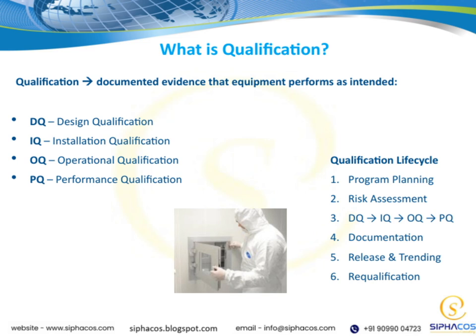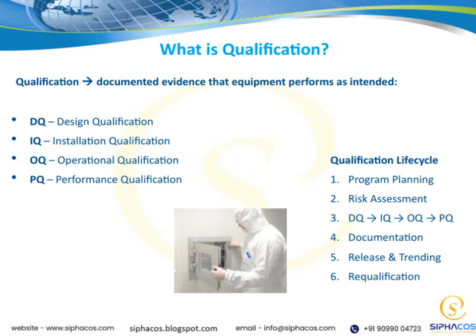Documentation is key throughout this process, as it provides the evidence needed to demonstrate compliance and proper functioning. After qualification, we have release and trending, where we verify that the equipment continues to perform reliably over time. If needed, requalification is performed to reassess and ensure ongoing compliance.